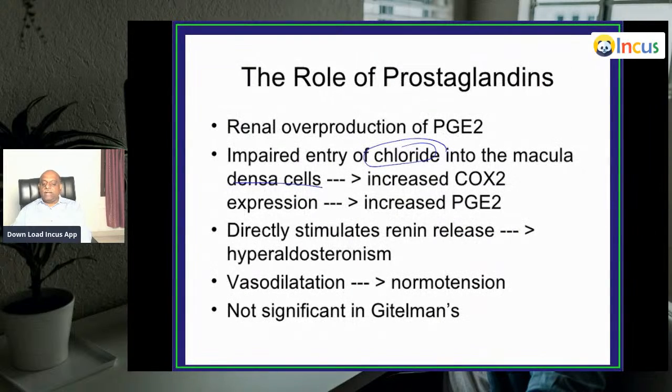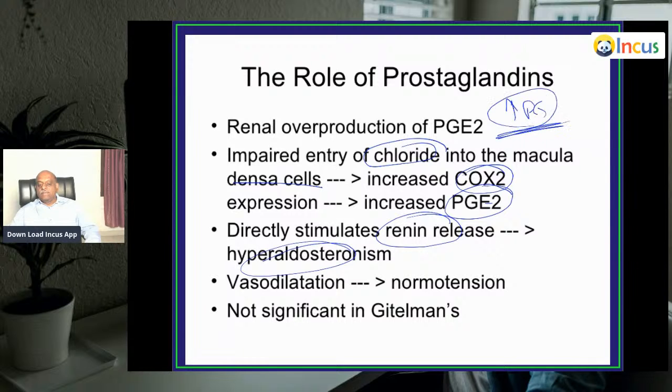Then in the macula densa, there is an increase in COX-2 production, and that leads to increased prostaglandin E2, which directly stimulates the renin, and that leads to hyperaldosteronism. So increased prostaglandins in the macula densa is another reason for the pathophysiology in Bartter syndrome, is what you need to remember.